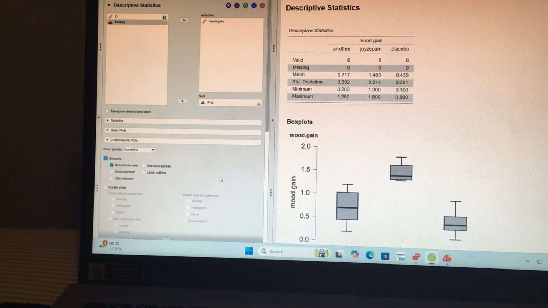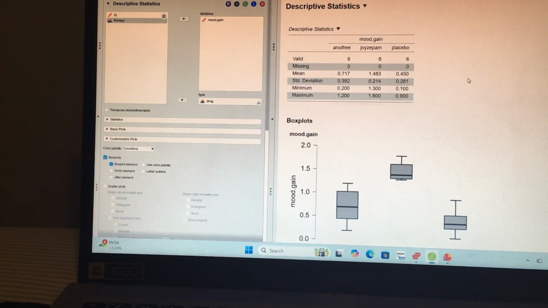We have our mean, okay, 0.717, 1.483, and 0.450. We have our standard deviation, so 0.392, 0.214, 0.281. We have our min and our max, so we have 0.2 to 1.2, we have 1.3 to 1.8, and then we have 0.1 to 0.9.